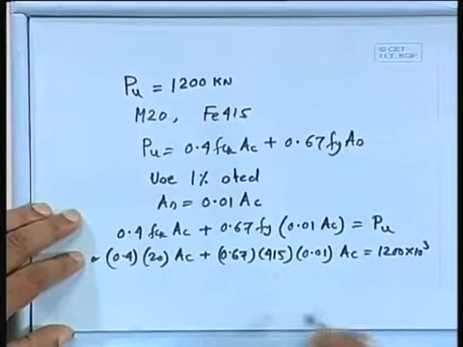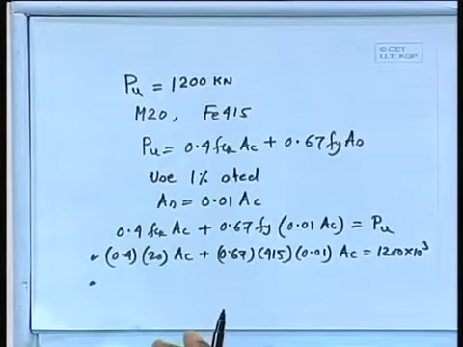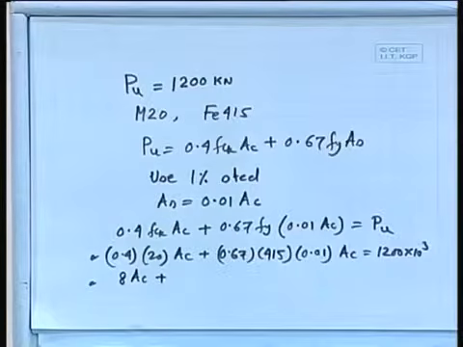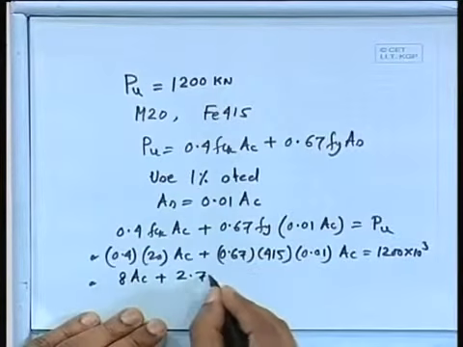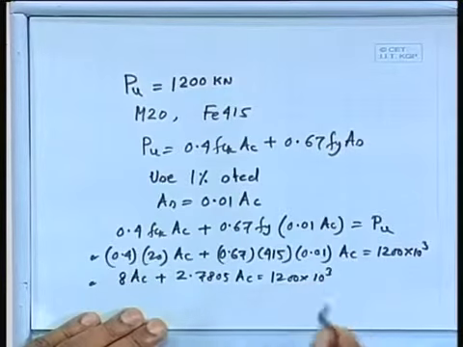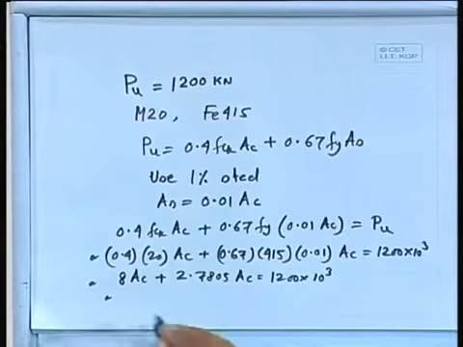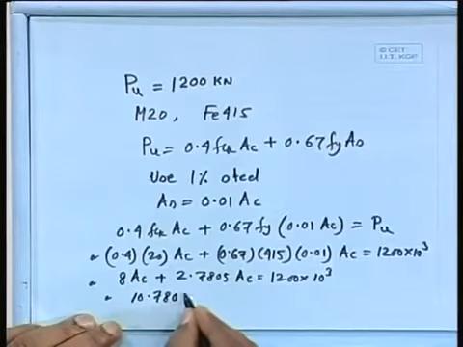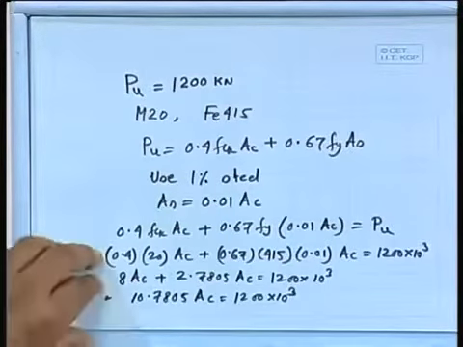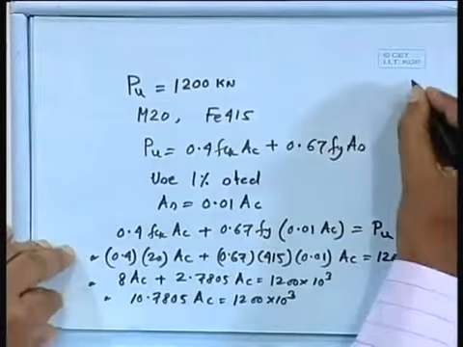I am making it all in Newton. Let us find out 0.4 into 20 is 8 AC plus 0.67 times 415 times 0.01 is 2.7805 AC, equal to 1200 into 10 to the power 3, or 10.7805 AC equal to 1200 into 10 to the power 3. So AC we can find out.